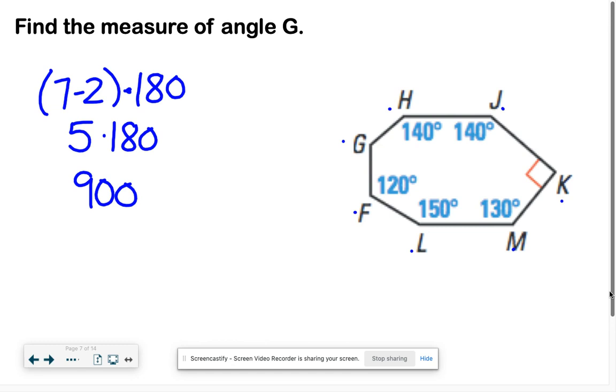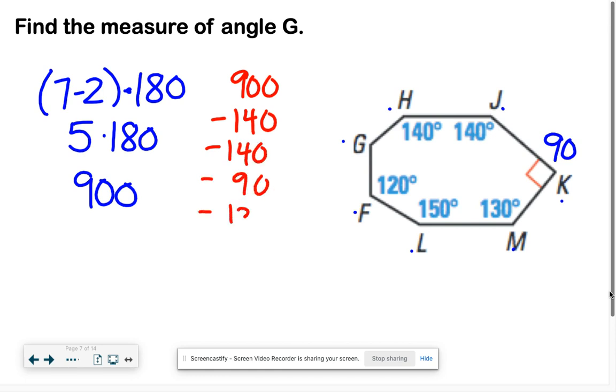And now all you have to do is subtract away these 6 angles from 900 and see what we get. So don't forget, though, what does this box mean in the corner? 90. Don't forget about that 90. So let's all take a second and subtract away, and we'll see if we get the same answer. Lots of opportunities to type in the wrong angle, so just take your time.